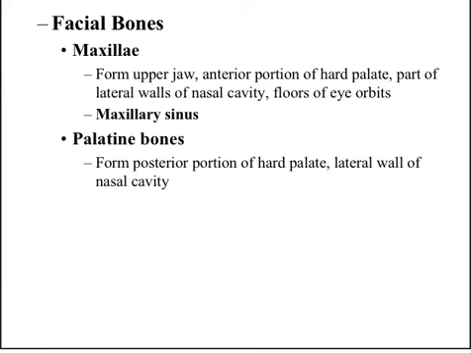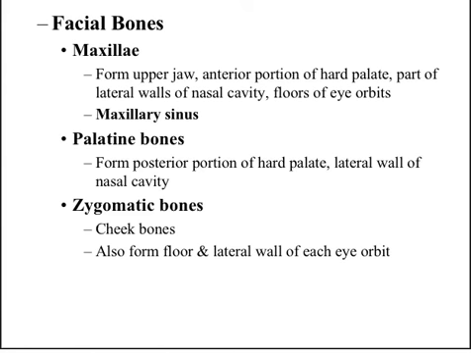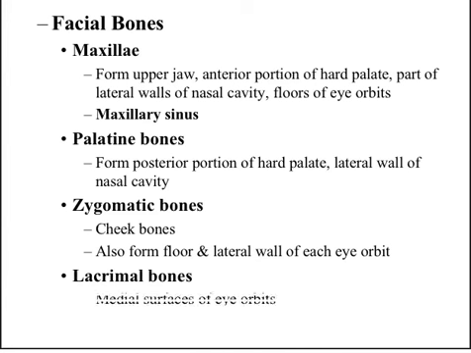It's part of the paranasal sinus group. The palatine bones form the posterior two-thirds of the hard palate and the lateral wall of the nasal cavity, while the zygomatic bones form the cheeks and the floor and the lateral walls of each eye orbit. The lacrimal bones form on the medial surface of the eye orbit, and they contain the lacrimal canals through which tears flow into the nasal cavity as they make their way across the surface of the eyeball.